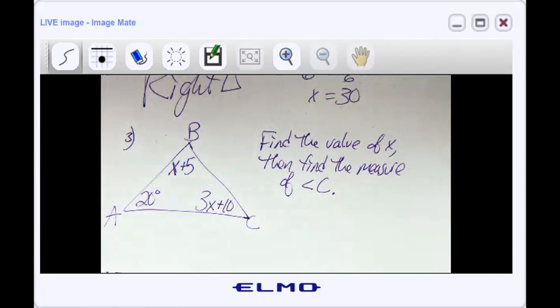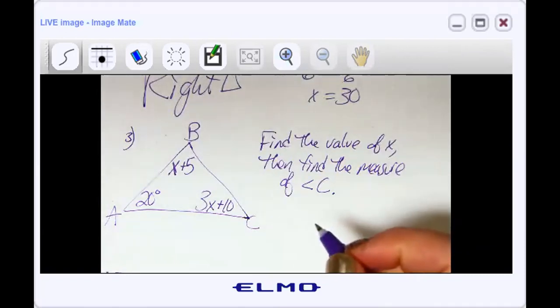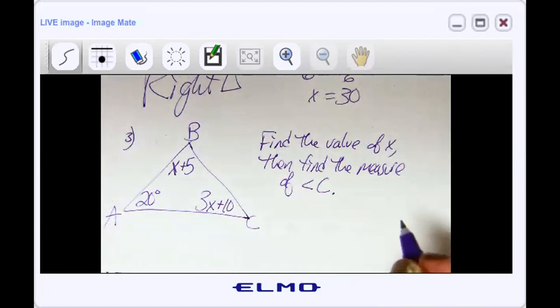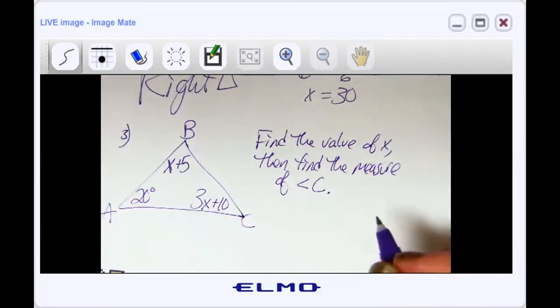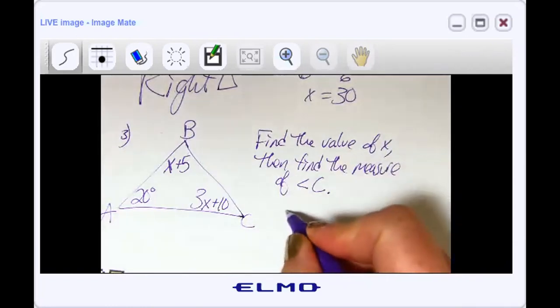Okay, do people get a value for X? Did it come out as a decimal? Yeah, this one should have. So if I add those three angles together, again, you can add in any order you like. It doesn't really matter.